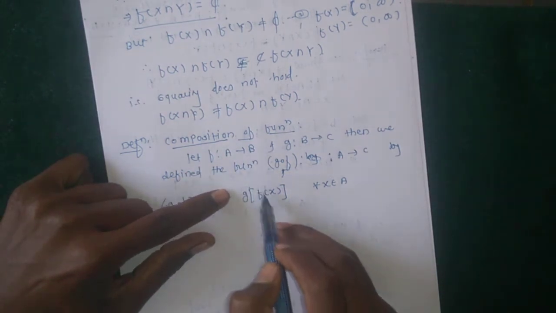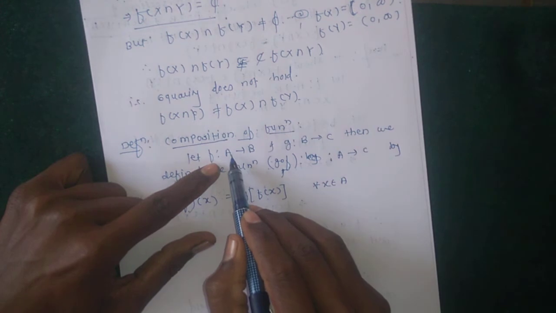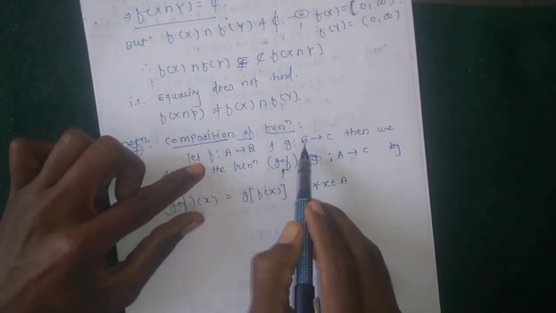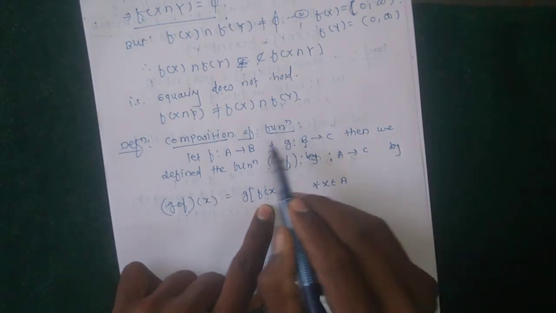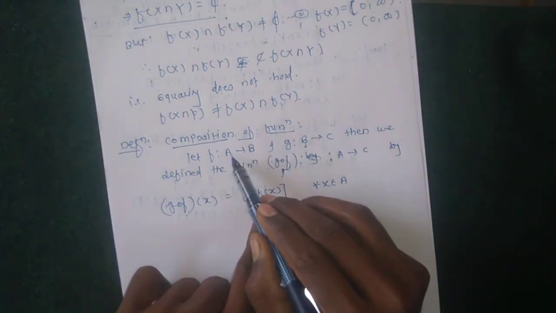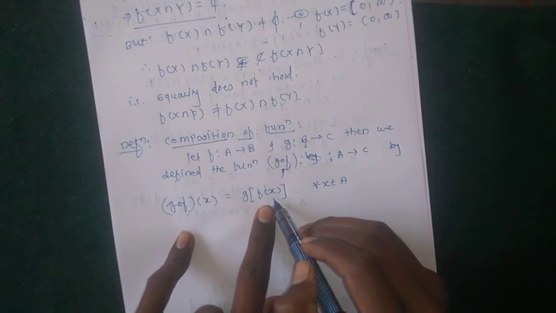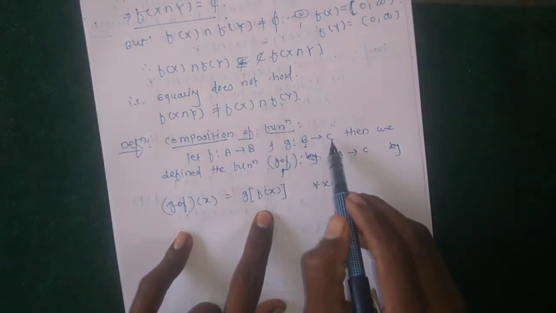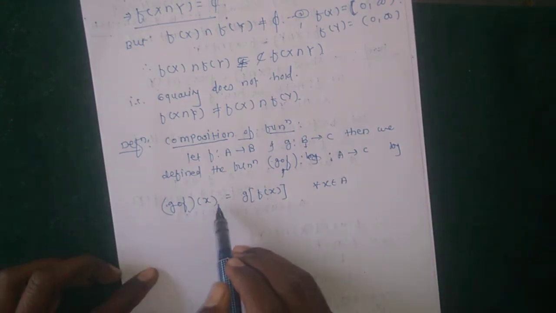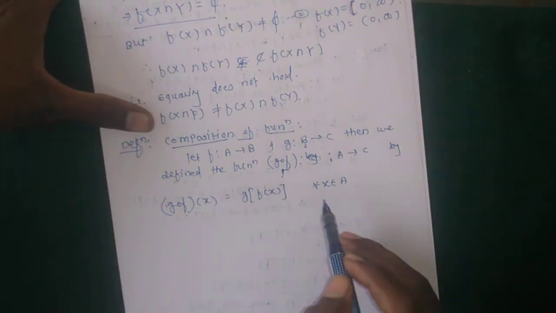B contains the image of x for all x belongs to A. Then we apply g on that element, from the set B, which contains the element f(x), and its image belongs to C, so the composition is (g∘f)(x) = g(f(x)).